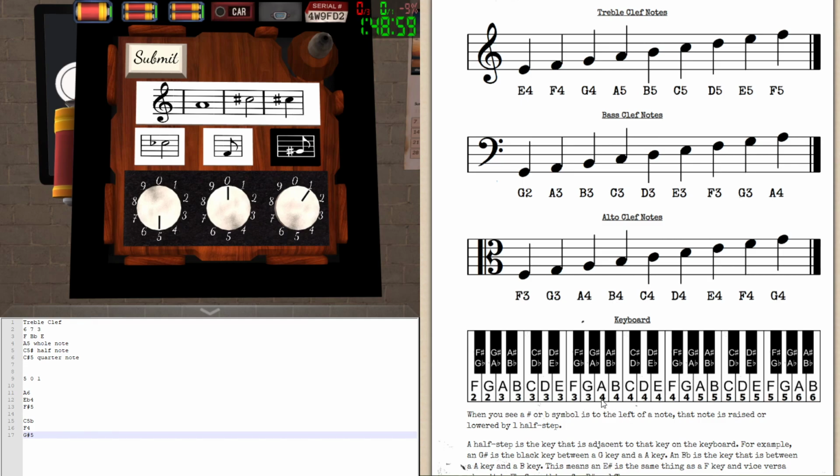So me being expert, I got A6, which is right there, A6 to C5 flat, which is right there. That is a minor 7, I can tell with my eyes. F4 with E flat 4 is going to be a major second. And G sharp 5 and F sharp 5 is also a major second.